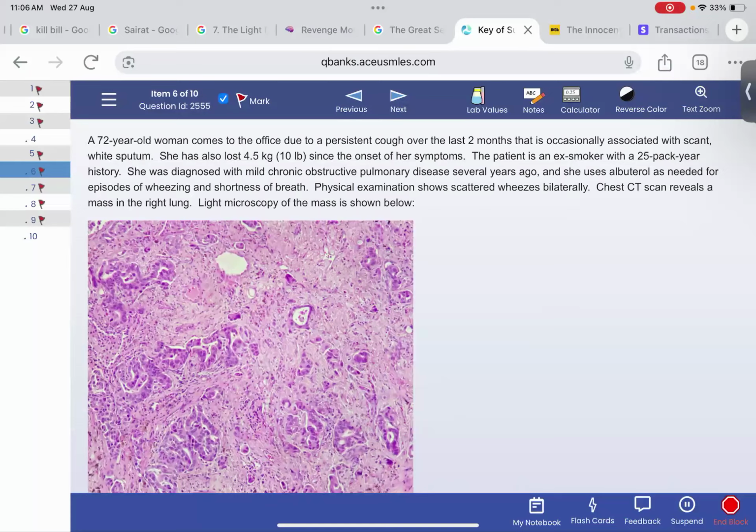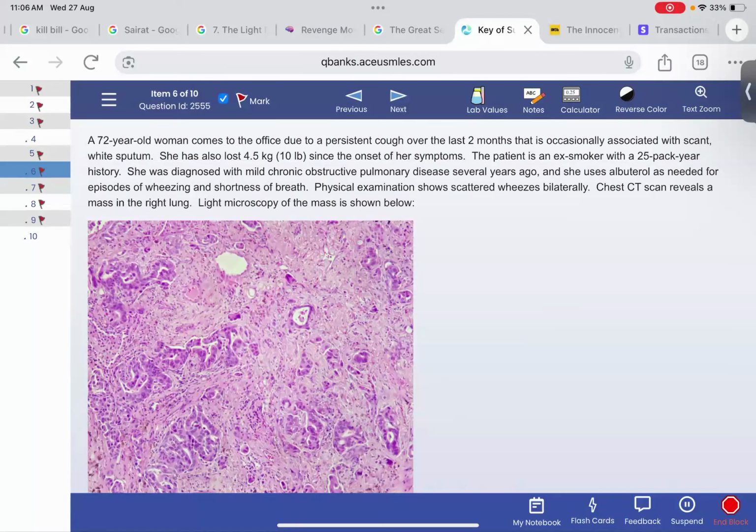A 72-year-old man comes to the office due to persistent cough over the last 2 months, occasionally associated with scant white sputum. She has also lost 4.5 kg, 10 pounds, since the onset of her symptoms.